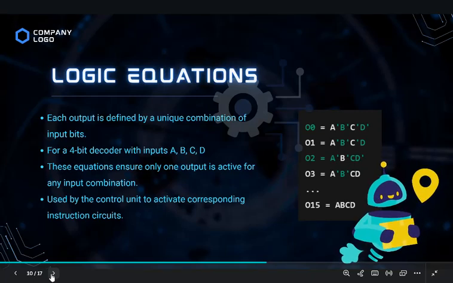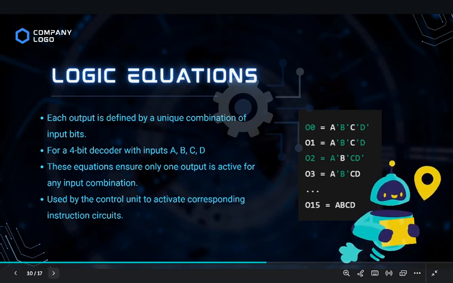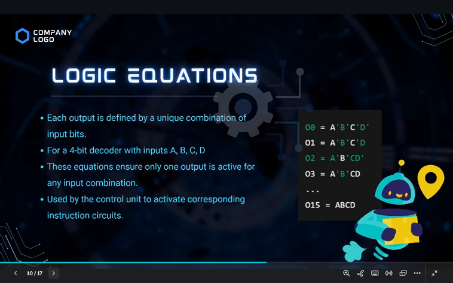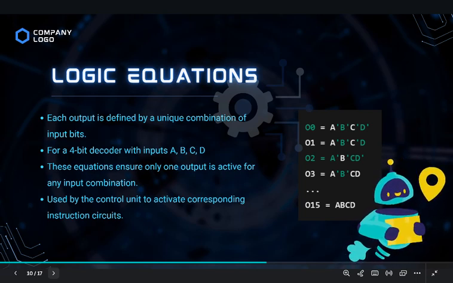To understand the decoder's logic more deeply, we can represent each output using Boolean equations. Let's take an example of a 4-bit instruction decoder with inputs A, B, C, and D. Each output line corresponds to one unique combination of these inputs.